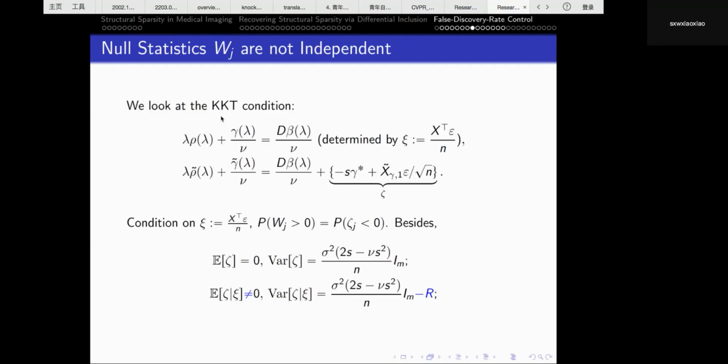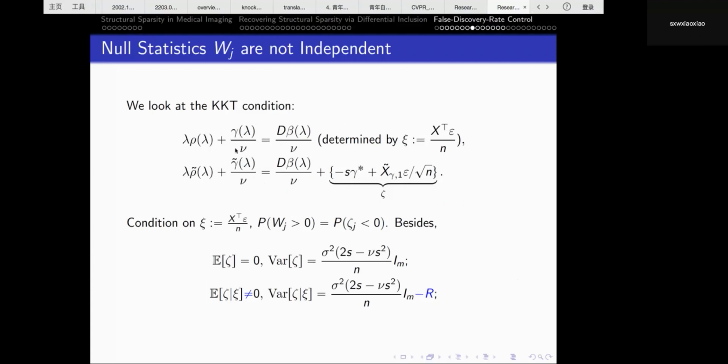And in this regard, if we look at the KKT conditions, these are the KKT conditions for the gamma and the gamma tilde to be non-zero for the generalized Lasso.